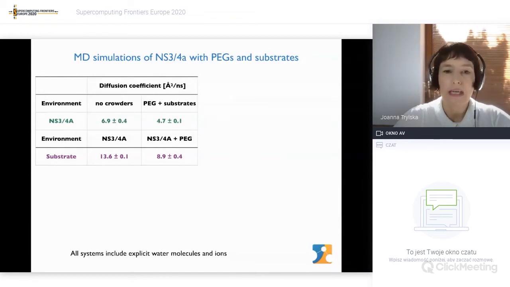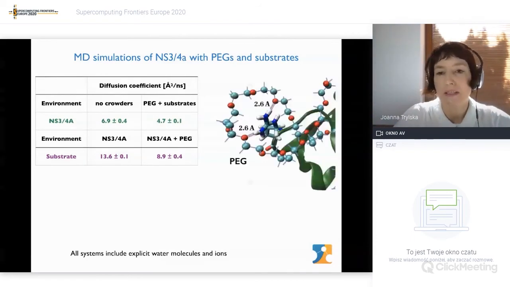So it seems that this slowdown is not only due to specific interactions, but also through some hydrogen bond contacts, which I'm showing here. This is an example of how this PEG molecule, which is this chain, shown like encircling the arginine in the protein complex.